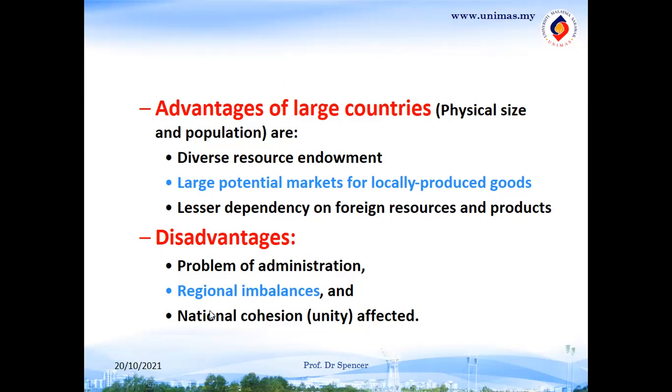Russia too. Yeah. Then you have the second disadvantage, sorry, is regional imbalances. So some part of the country is rich, some part are poor. For example, the eastern part of China, eastern coast and so on, these are rich regions, yeah, of China.